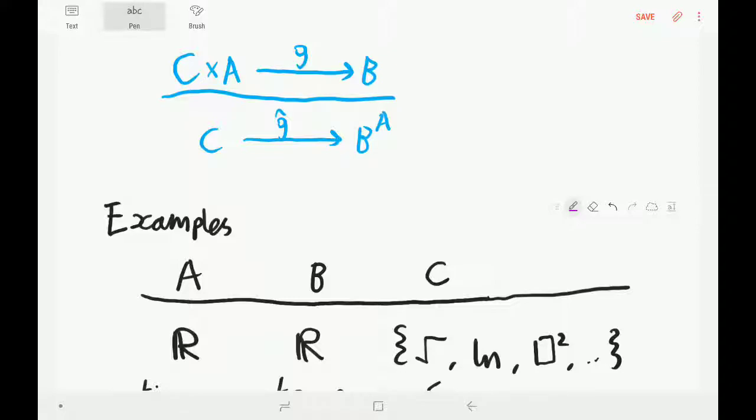Every time you choose an element of C, you have a particular mapping from A to B. That's really the core idea of this relationship. So say you picked this element of C to be the square root, and you held that fixed, and then you varied your input real and kept evaluating this G here.